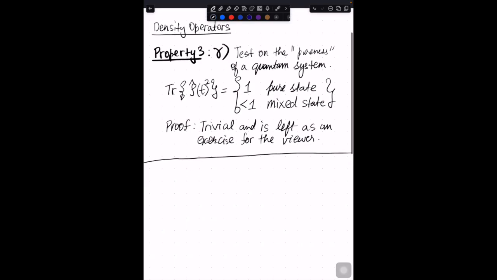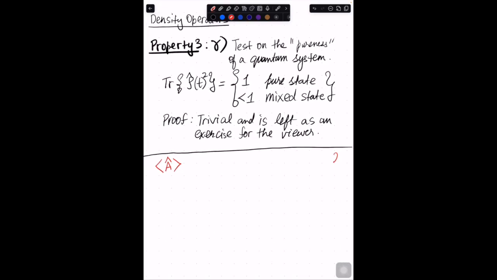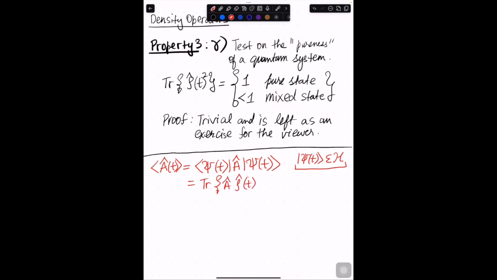But a quick summary would be that if we consider any observable A, which belongs to some Hilbert space H, which we had used in the previous class, and then you have a quantum system, psi of t, which belongs to this Hilbert space, then the expectation value of this observable can be calculated using the standard method, but in the density operator formalism, this would involve a trace, which is just the trace of the observable with the density operator.